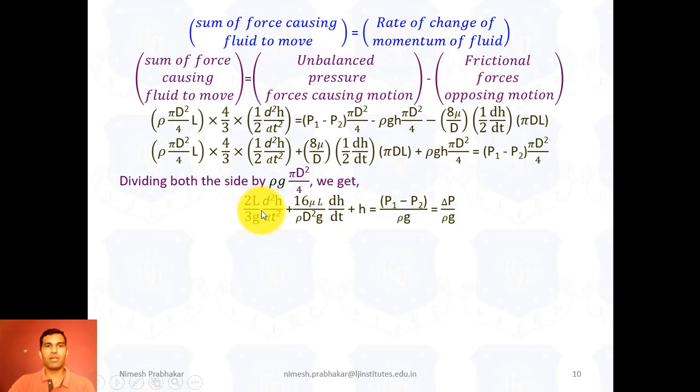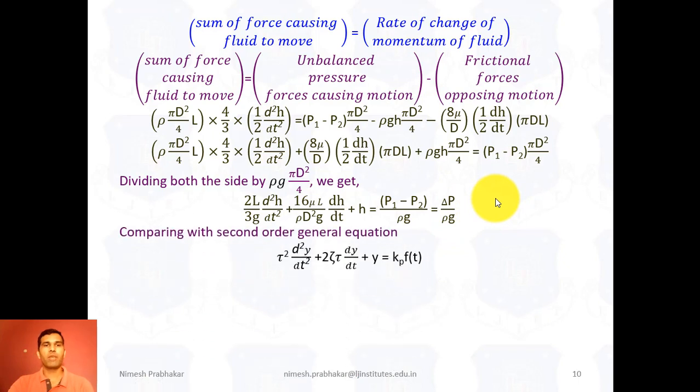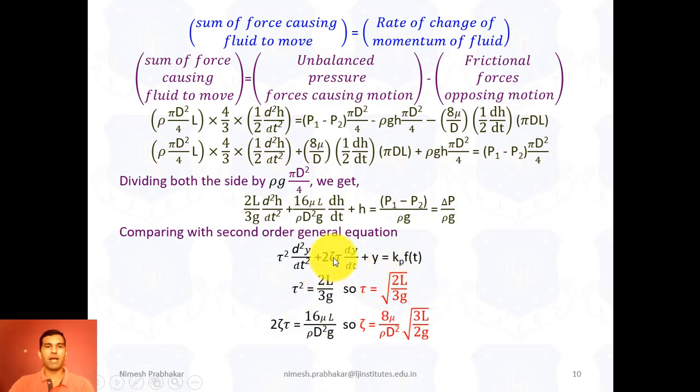Now we compare this equation with the general mathematical equation of second order. By comparing, we get tau square equals 2L by 3g, so tau equals under root 2L by 3g, and 2 zeta tau equals 16 nu L upon rho d square g.